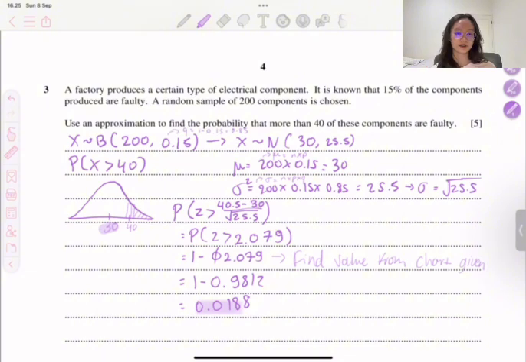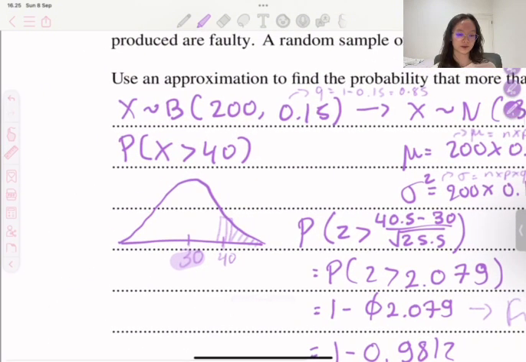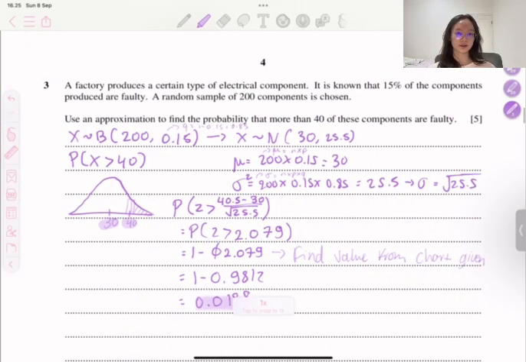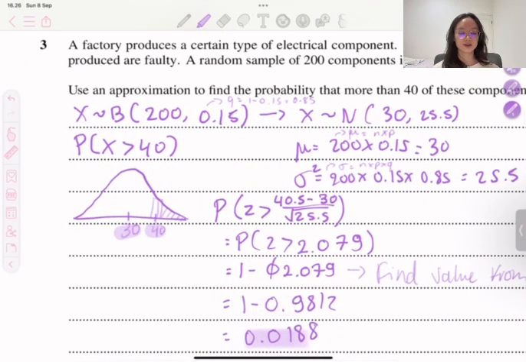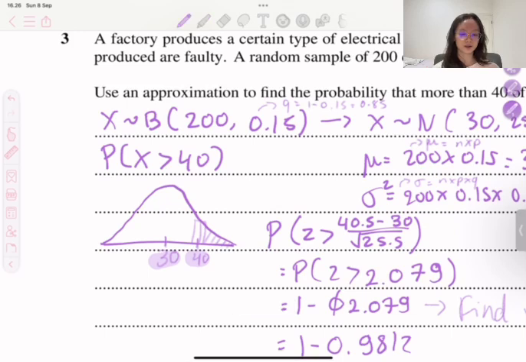So probability that x is greater than 40, so the 40 will be here. But since we're using an approximation from binomial to normal, we have to add or subtract 40 by 0.5. Since there are no equal signs, the box here will not be included in the probability.